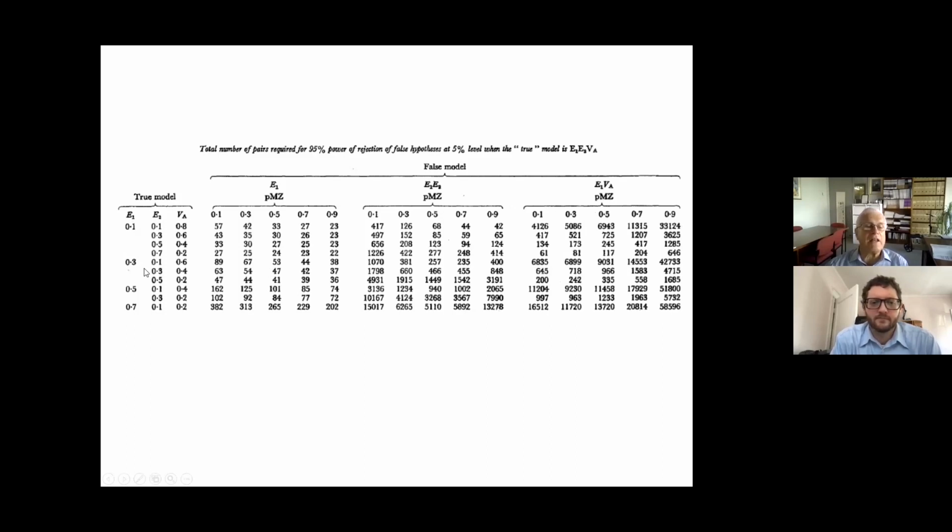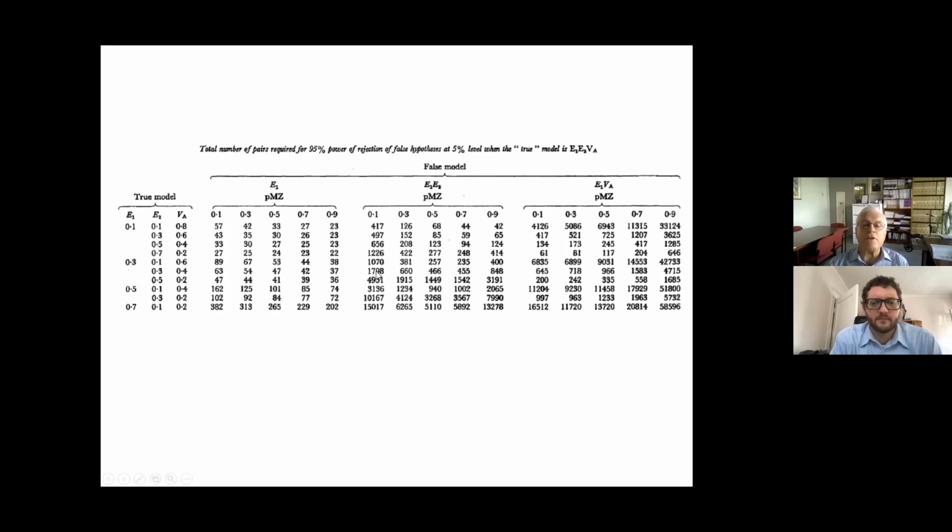So let's take one case here. We've got a trait that's 30% E, 30% C, and 40% A, which just happens to be about the story for social attitudes, which is a trait that's been of interest to me, but also many other behavioral traits. Then to reject an E model, you're very well powered, no problem.